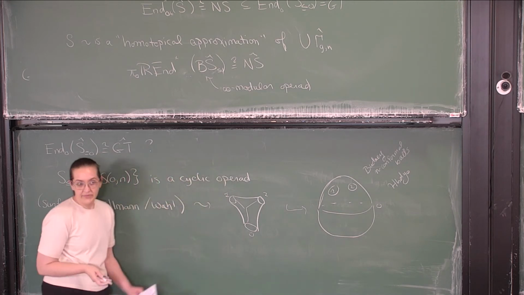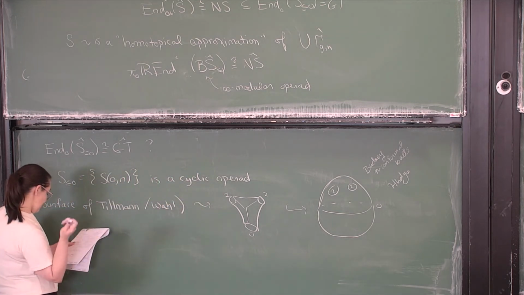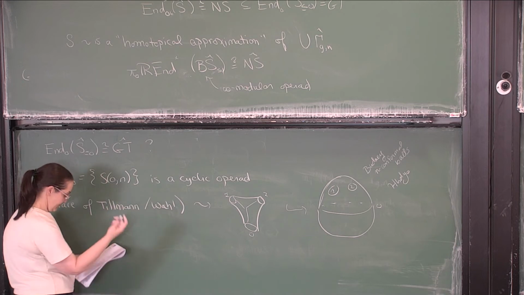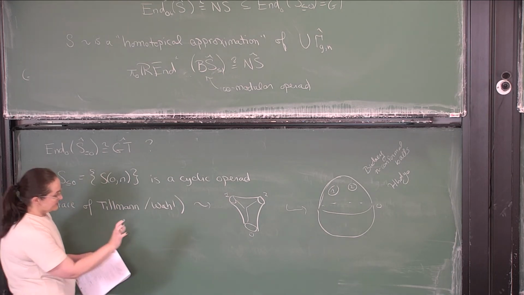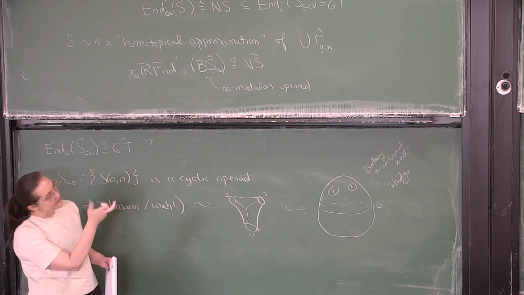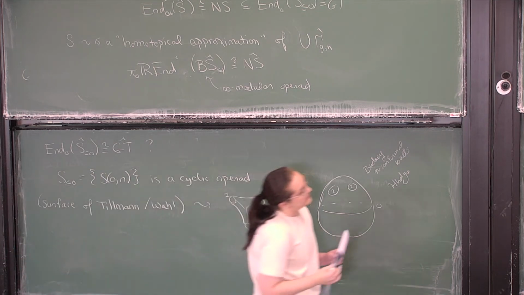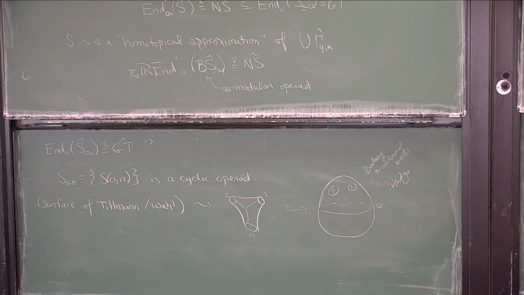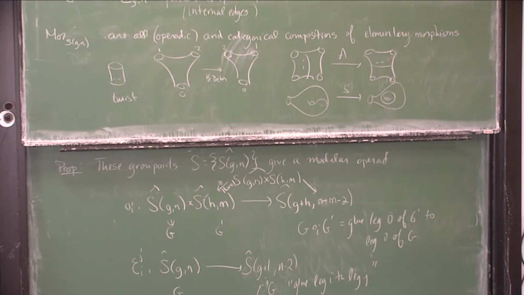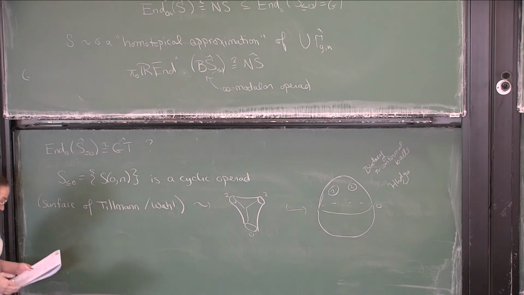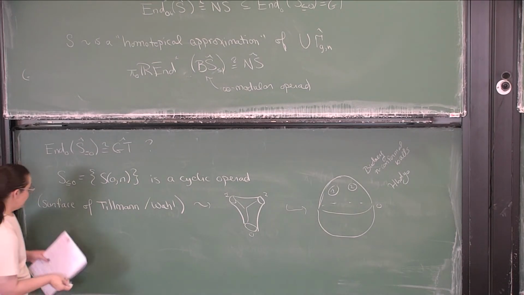I'll tell you out loud: it fixes the full Dehn twist, fixes a move, our choice, and it acts by some SO3 action on the half Dehn twist, but you can always check that.